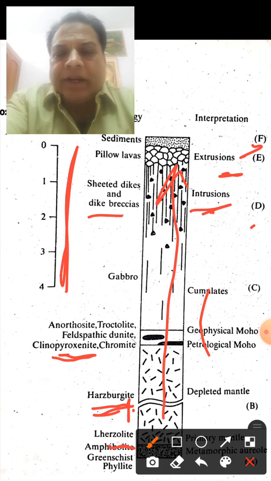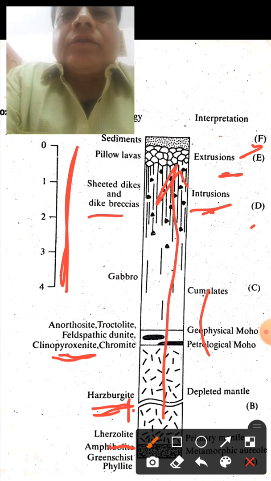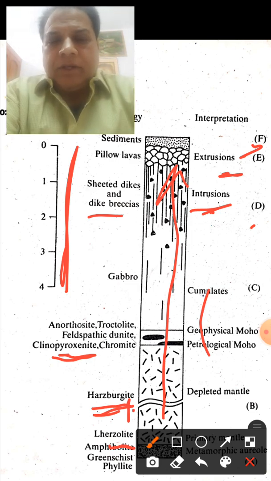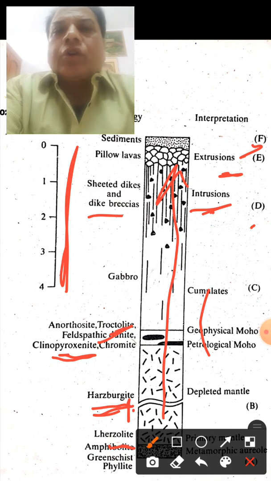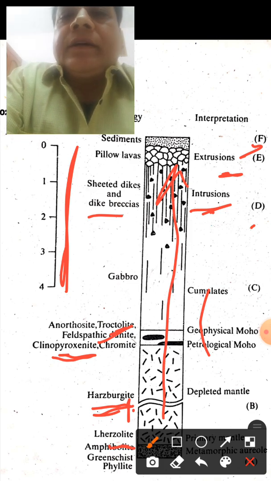Anorthosite is a monomineral rock, with labradorite, a calcic feldspar, as the dominant composition. Troctolite is composed chiefly of labradorite and olivine. So troctolite is olivine plus labradorite, which is a plagioclase, calcic feldspar, and olivine with little or no pyroxenes.